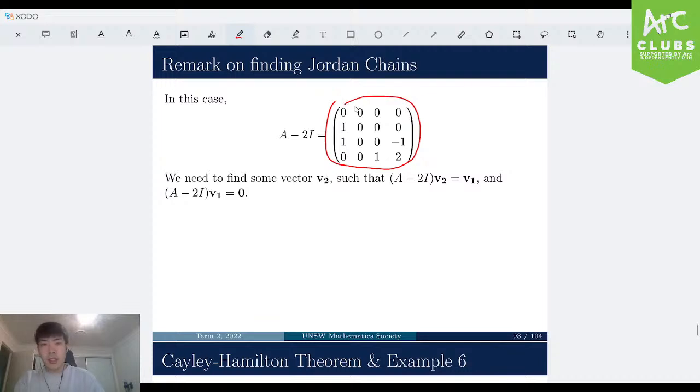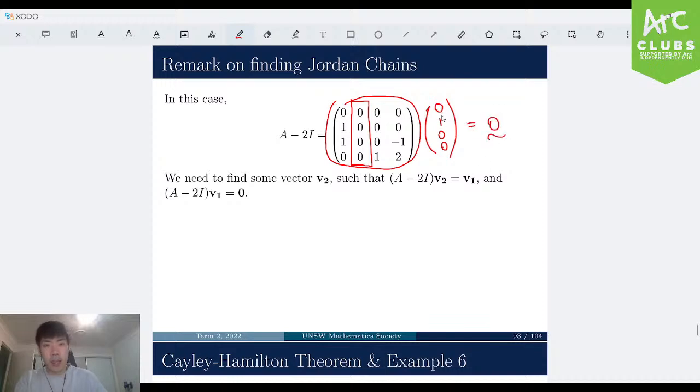Now, if you notice, we actually have an entire column that is zeros, correct? Which means that A minus 2I times this vector here will definitely give us a 0 vector, right? Why is that?